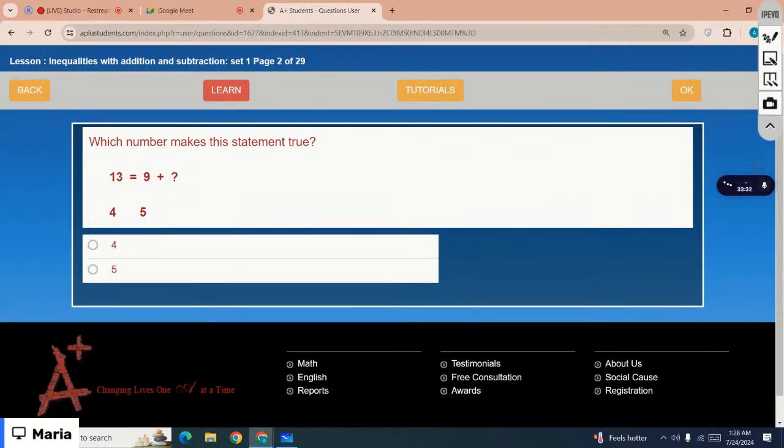Which number makes the statement true? 13 equals 9 plus which number?